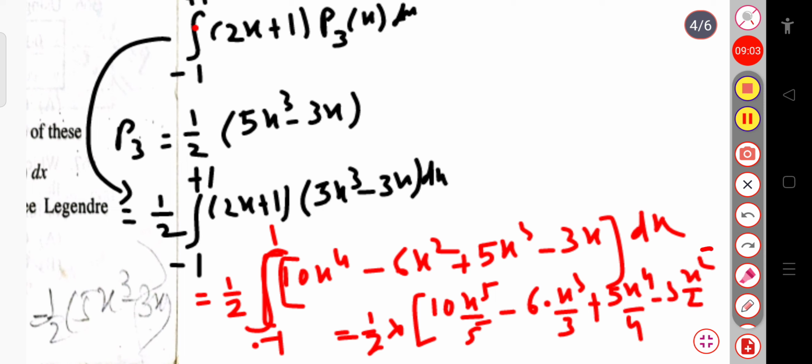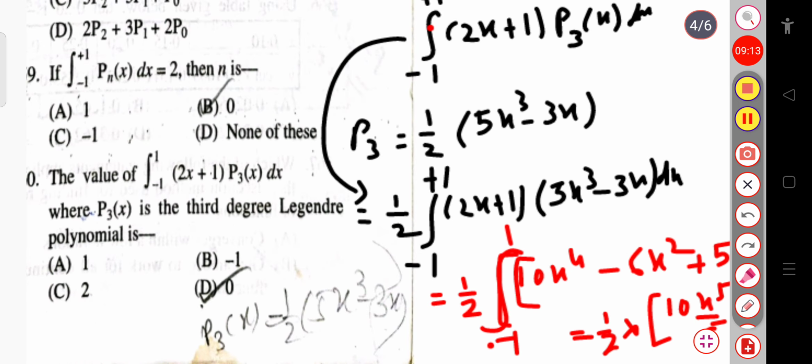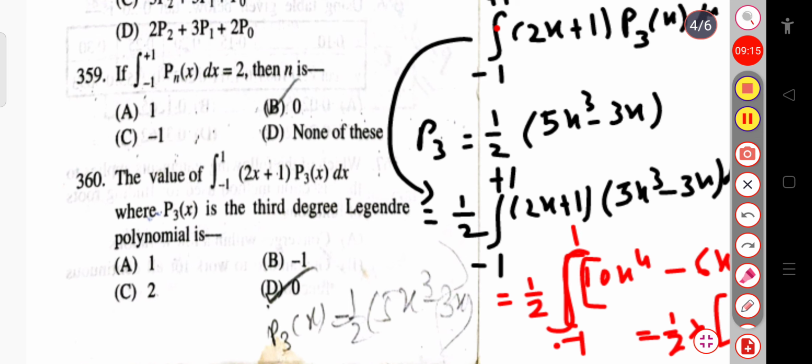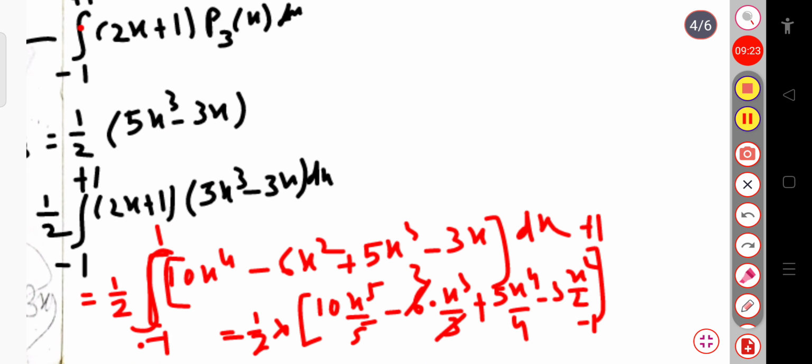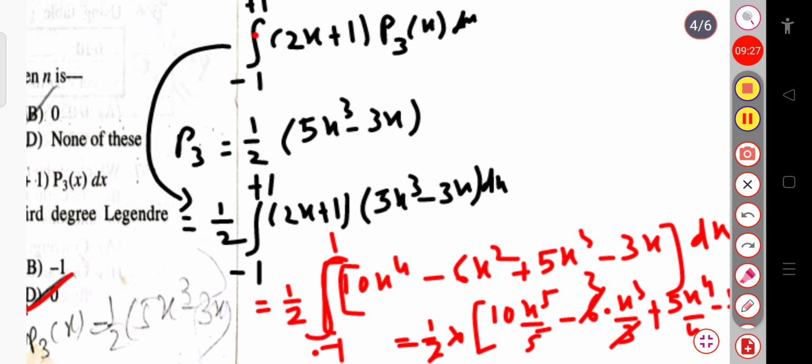Now you just put the limit from minus 1 to plus 1. After calculation you will get the answer equal to 0. Since this is just normal integration, you can substitute the value simply: first put the upper limit, then subtract the lower limit.